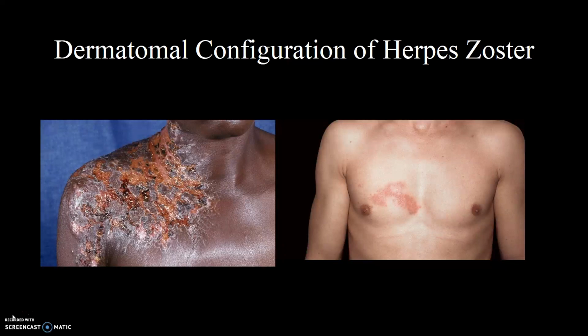And again, just a brief example of the dermatomal configuration of herpes zoster. I like to compare different skins of color because the presentation can look a little bit different. But you can definitely see those dermatomal lines and configuration of this disease.